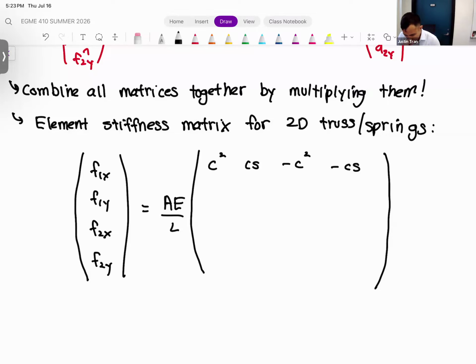Next row, we're going to start right at the diagonal. So the next row is going to start with sine squared, minus cosine sine, minus sine squared. You'll see in a second why I skipped that first entry. It's more for ease of writing later. For the third row, we're going to start with the third column, so it's going to be cosine squared, cosine times sine.